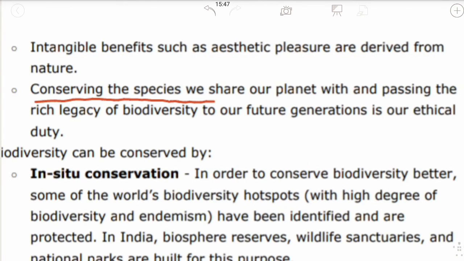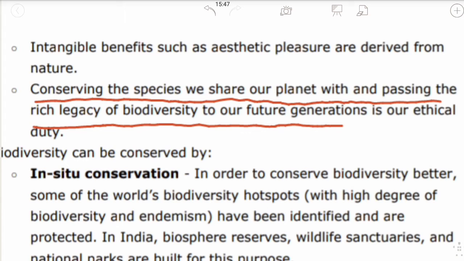The species we share our planet with, and passing the rich legacy of biodiversity to our future generations, is our ethical duty. By conserving nature, we share this planet with millions of plants, animals and microbes. And spiritually, each and every species has its important value.